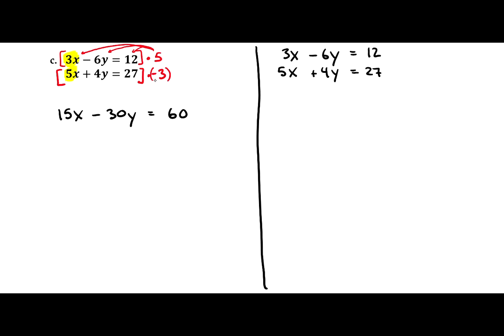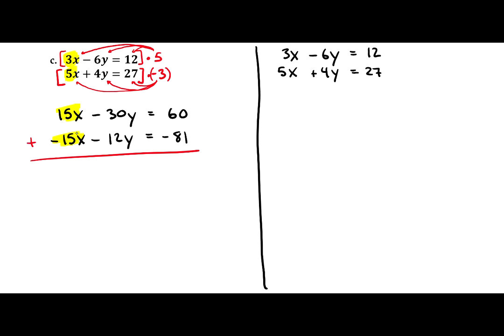So if we multiply the second equation by negative 3, then equation number 2 becomes negative 15x minus 12y equals negative 81. Now we have equal and opposite. That's what we want. We need that first before we combine the two equations.